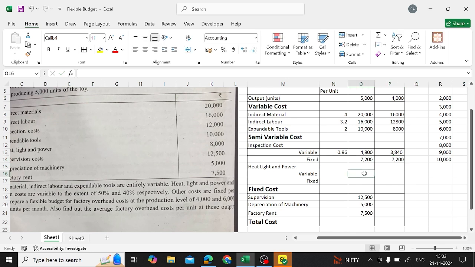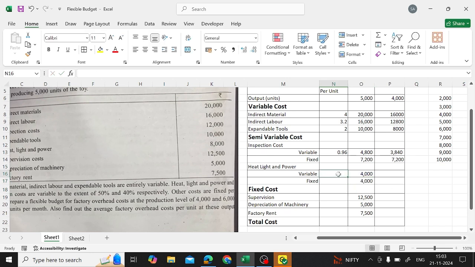Now similarly for heat and lighting, the total cost is 8,000 and 50% is variable. Either you can directly put the figure.